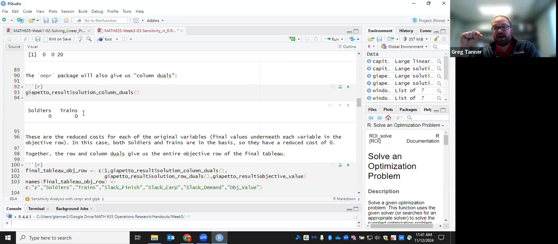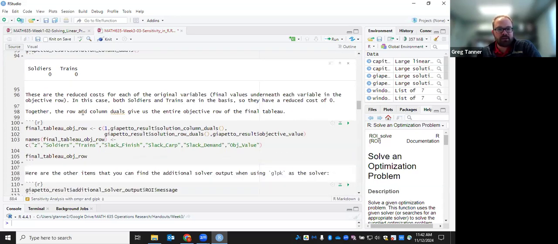And if it's positive, then that product takes up more resources than its profit. And so it tells you how much you'd have to raise the profit while keeping everything else fixed in order to bring that variable into the basis. So a useful thing if you've got some products that are non-basic.